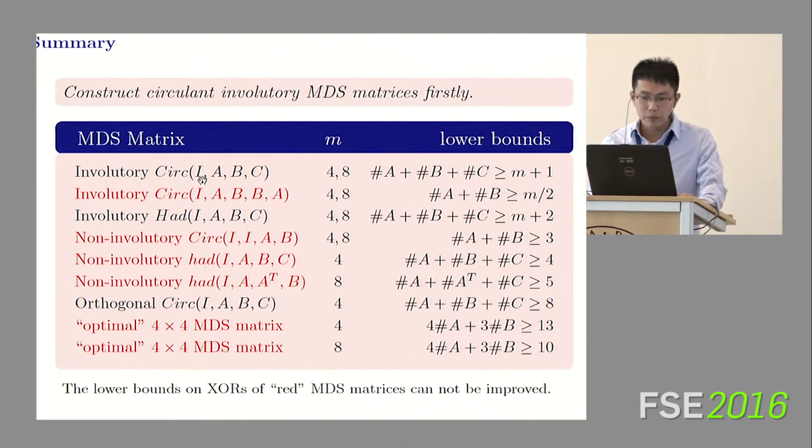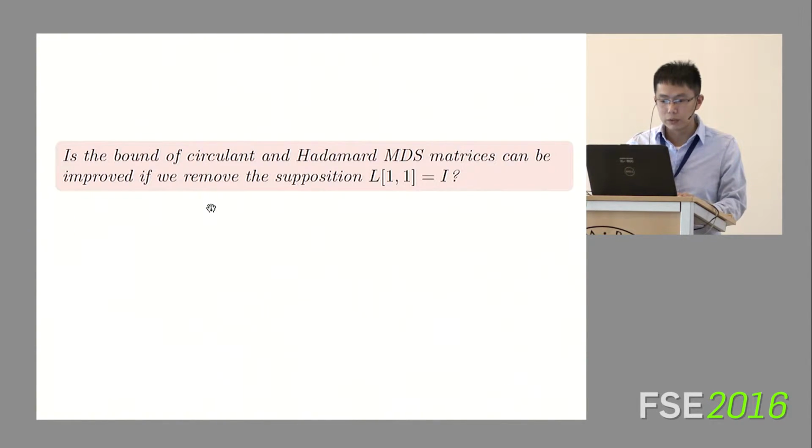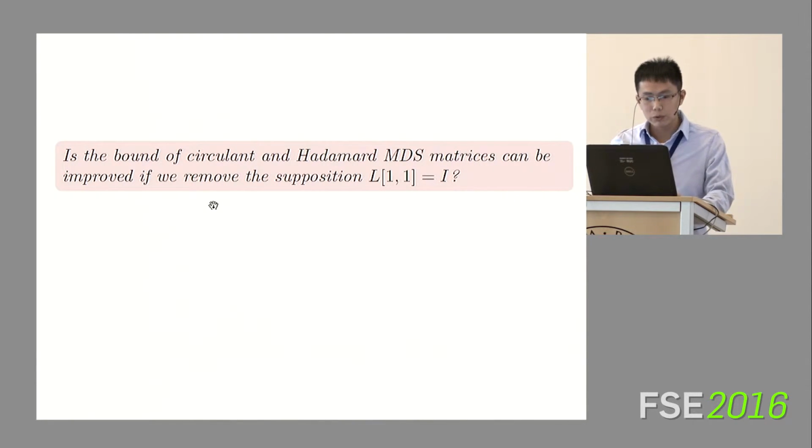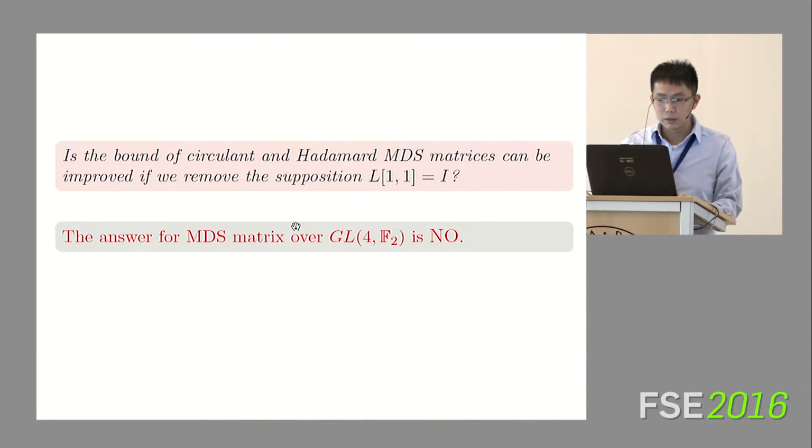But it should be remembered that at the beginning, in our construction, we suppose that the entries in the first row and the first column are the identity matrix. Then there is one more question: if we remove the supposition, can the lower bounds of the previous table be further improved?